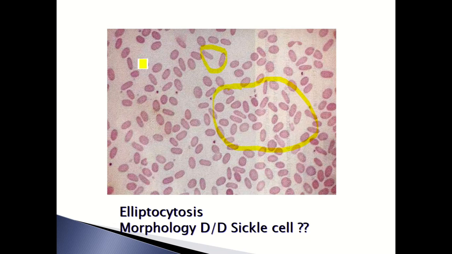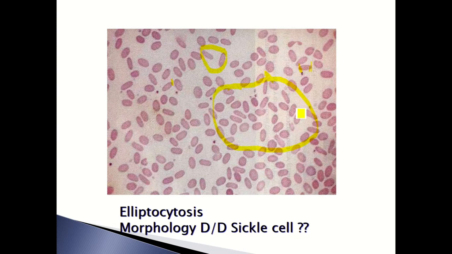Now you have to differentiate elliptocytes from sickle cells, because both have a fully hemoglobinized structure. But in case of elliptocytes, if you observe closely, these ends are quite blunted, right? Both poles are quite blunted. In case of sickle cells it is a tapering end, we can say a sickled end.